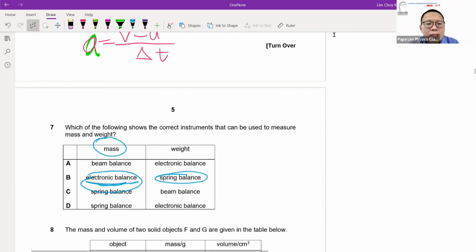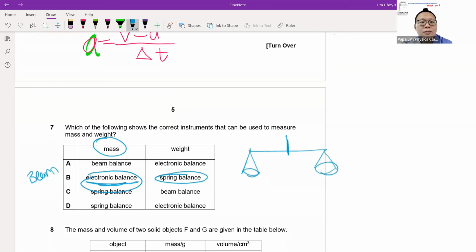Now for mass itself. Other than the electronic balance, the older version that we have is what we call the beam balance. A beam balance is like those you see in Chinese traditional medicine shops, where the person holds the middle of the rod and the objects are placed on both sides.